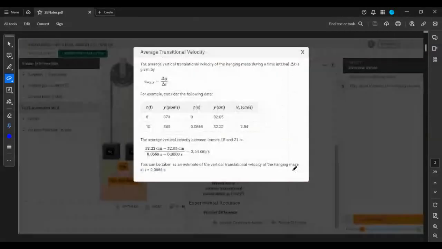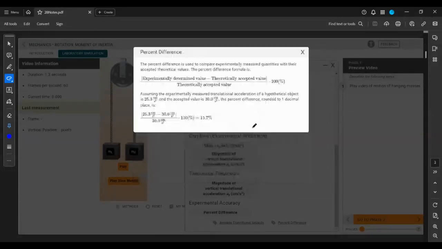Okay, then what we're going to see for average velocity is the same formula we've seen a few times. Because these can only move vertically with the way that they're hanging from these strings, then everything's delta y instead of delta x, but similar format. We want to find the change in position divided by the change in time, which we're going to take based off of our readings from data points.